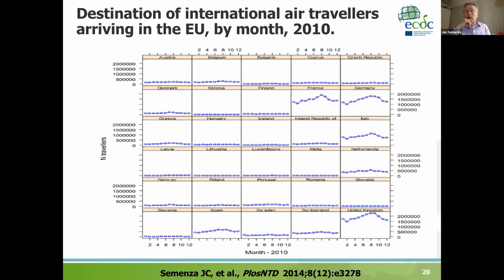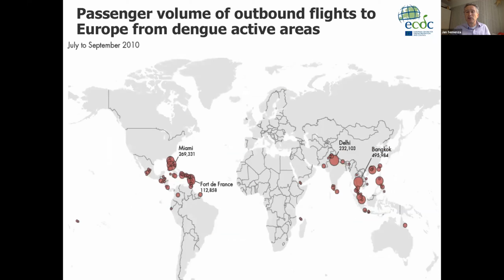This is plotted out by month for all the EU member states, listed here by volume. And here you can see the passenger volume origin, so where dengue currently is present, and the passenger volume that's flying out into Europe from these destinations like Miami or Delhi or Bangkok.